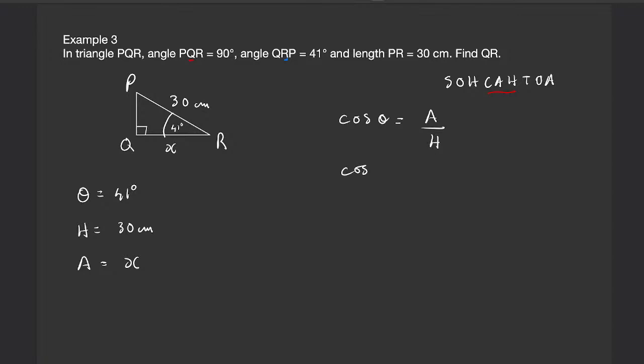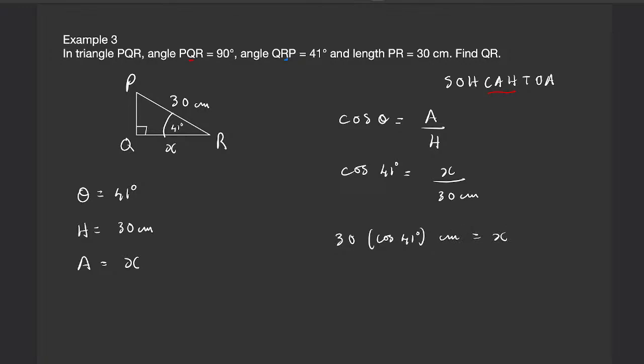Cos 41 degrees is equal to our adjacent, x, divided by our hypotenuse, 30 cm. I want to get x to be my subject of formula, so I need to get 30 cm on the other side of my equal sign. 30 times cos 41 degrees, cm of course, is equal to x.